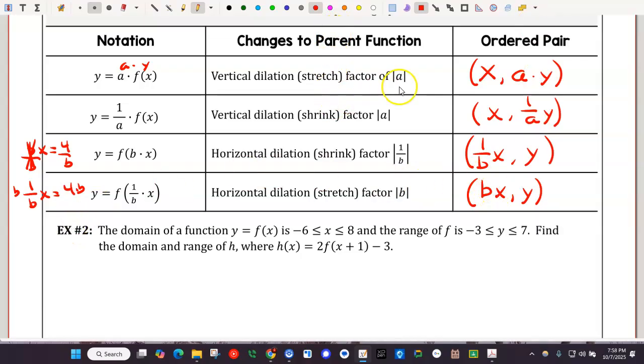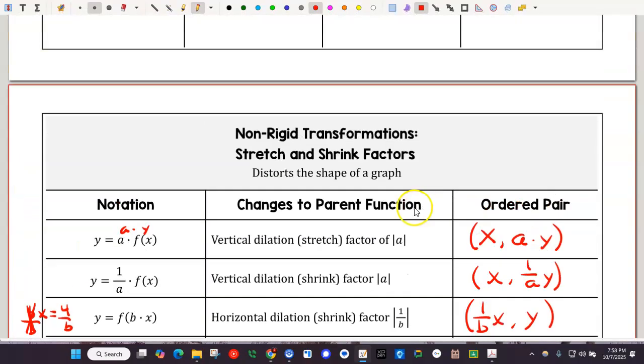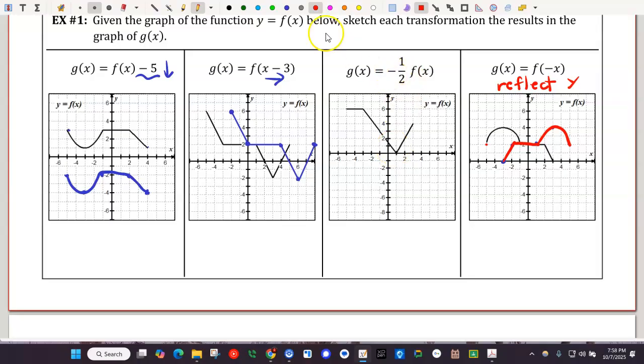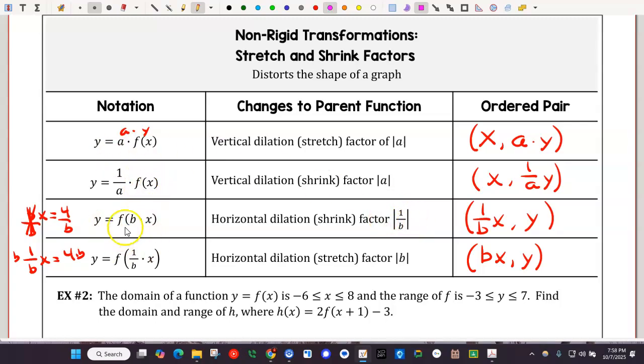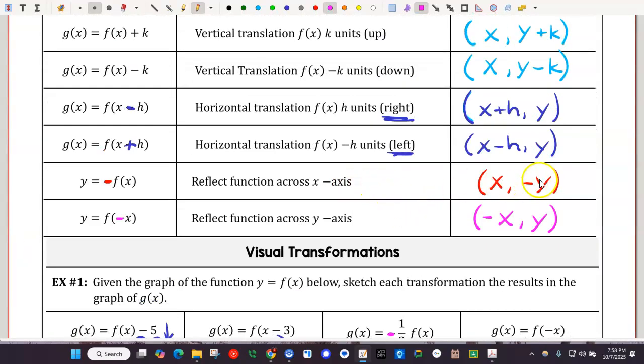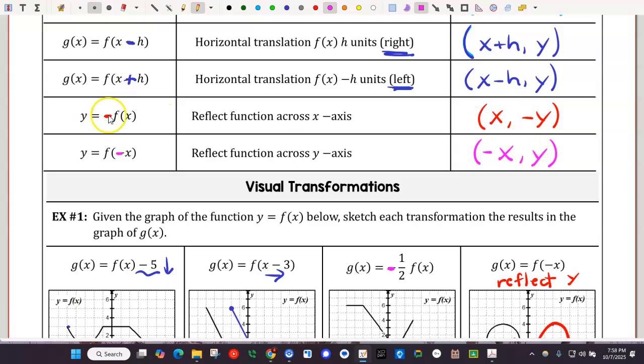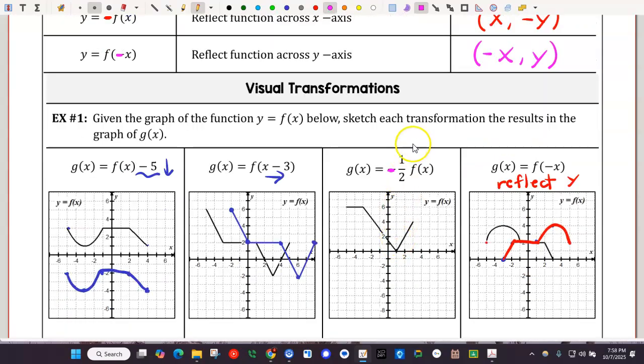So let's go back and actually use this, because we had the last one. We have a negative on the outside, right? That's kind of like the one up here. We already did that, yep, the negative on the outside. But then we have a 1/2, right?